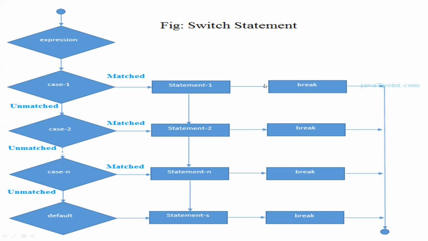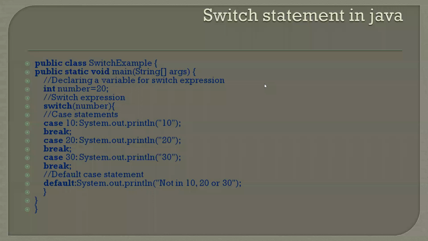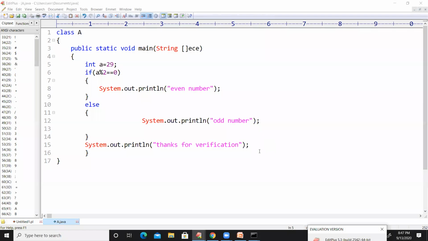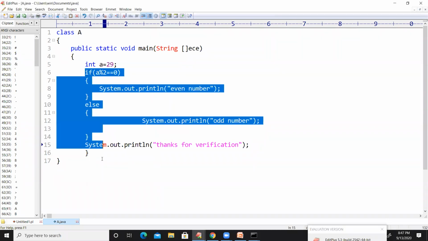So let us have a look at one of the examples on the switch statement. Let us see an example in the programming window. There is a class A, and let us use the same code.